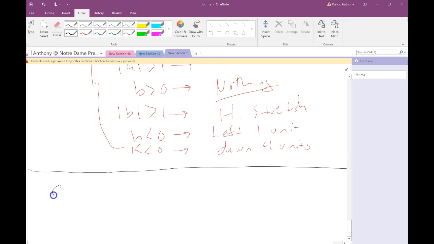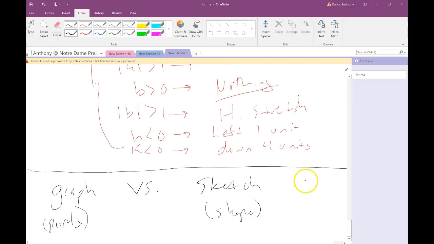So the difference is between the command graph versus sketch. So graph, you want actual points. Sketch, you just want general shape. So if you just want a general shape, you can just think, oh, I know what the parent function does. It's going to go left 1, down 4.